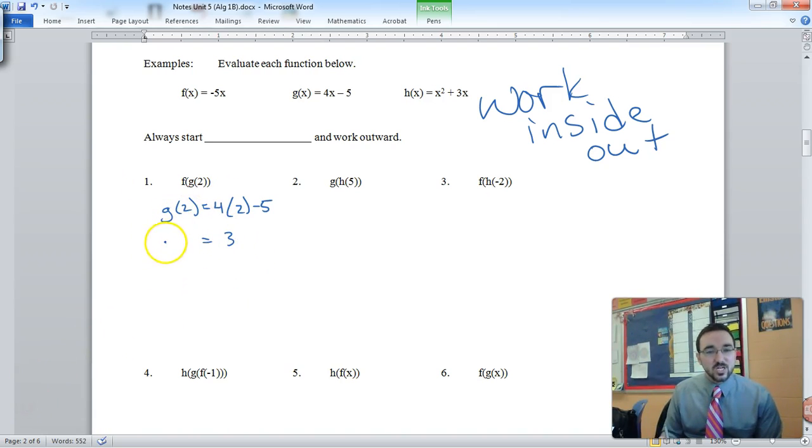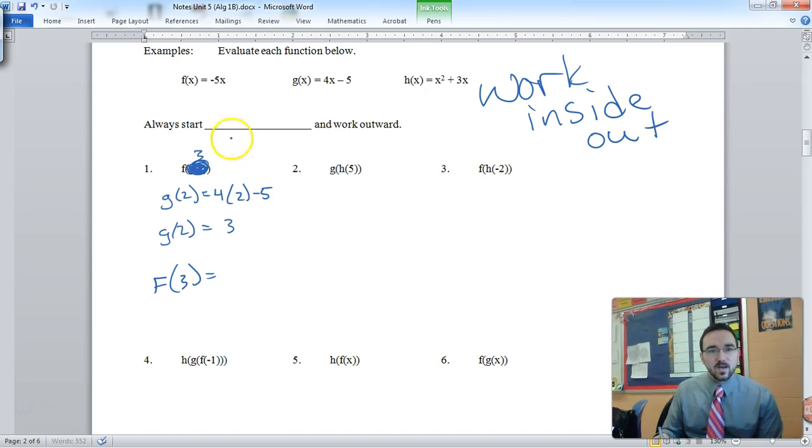Since we know that g of 2 is equal to 3, now anytime I see a g of 2, which is this whole thing inside here, I'm just going to erase it for right now, I know that this whole thing is equal to a 3. So now we're going to take f of 3, and we're going to plug it in. So f of 3 is negative 5 times 3, which is equal to negative 15.